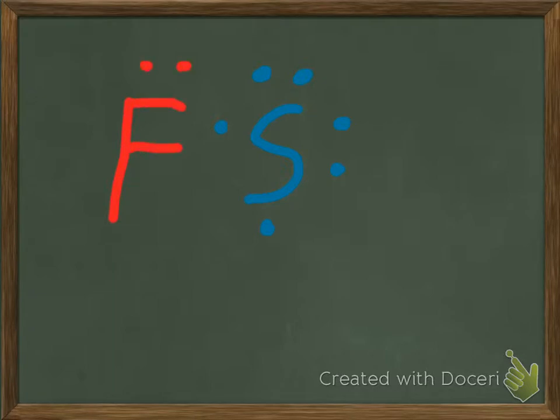Fluorine has 7 valence electrons, and then here's my fluorine, and then I have another fluorine as well, so we're going to draw it down here. And there we go. We've got our fluorines and our sulfur. They're bonded together. If you notice, the octets for all of them are complete.